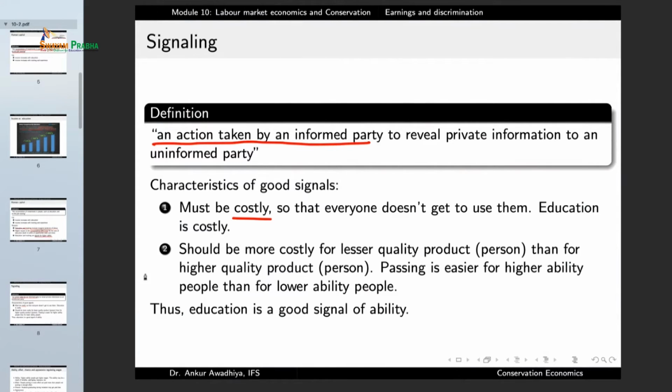And secondly, signaling will only work when it is something that should be more costly for the lesser quality product than for the higher quality product. Which means that if there are two people, one listens to Jagjit Singh, the other listens to Kishore Kumar, then there is no difference between these two people in terms of their abilities.